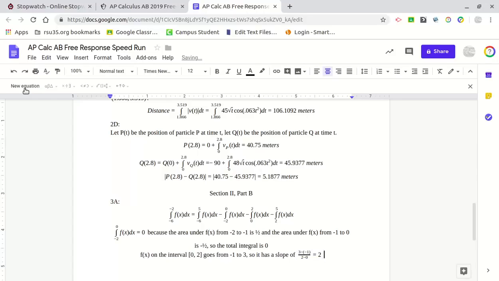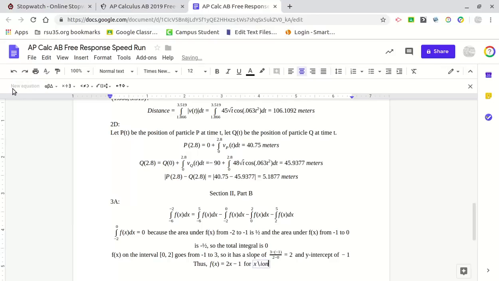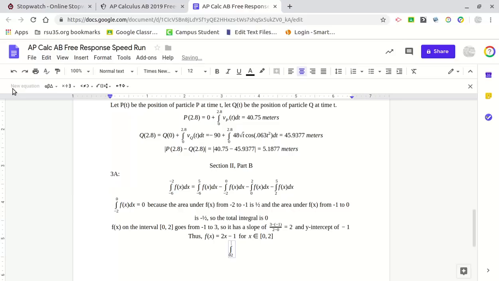So that slope is 2, and y-intercept of negative 1. Thus, f of x equals 2x minus 1 for x in 0 to 2. Then we can just take the integral of that. That's not how integrals work. Yes, they did. There you go. Okay.